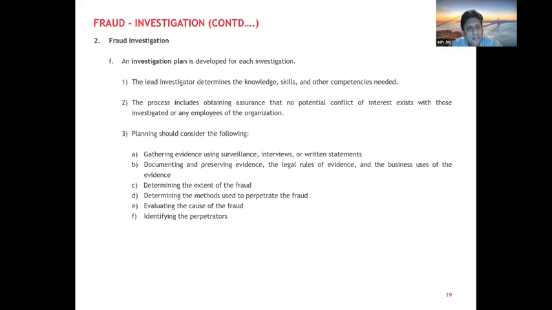When the word forensic is used, it generally means that the report that you provide will be used for purposes of litigation in a court of law.